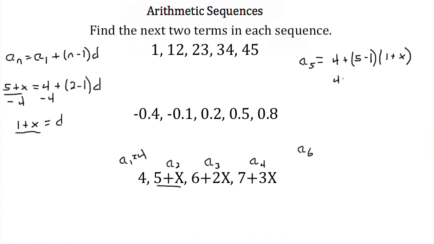This is 4 plus 4 times 1 plus x. So carry the 4 in, and you'll get 4 plus 4 plus 4x. So our fifth term, or a5, is equal to 8 plus 4x.